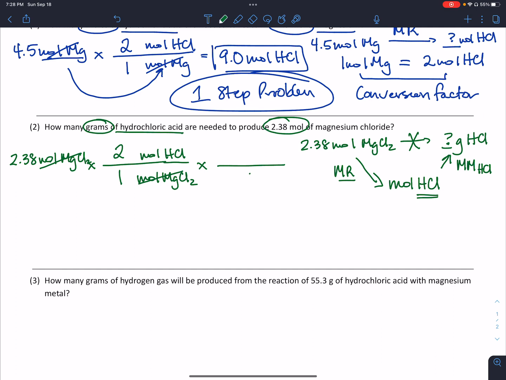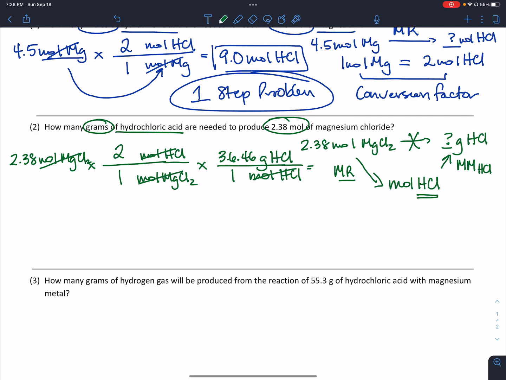Again, unit conversion tells me I need moles of HCl on the bottom, and this time I'm trying to go to grams of HCl, so I'm going to put that up top. And I need the molar mass. So I pull out my periodic table, and I look at the molar mass of hydrogen and chlorine. I add them together, and I find that 1 mole of hydrochloric acid has a mass of 36.46 grams.